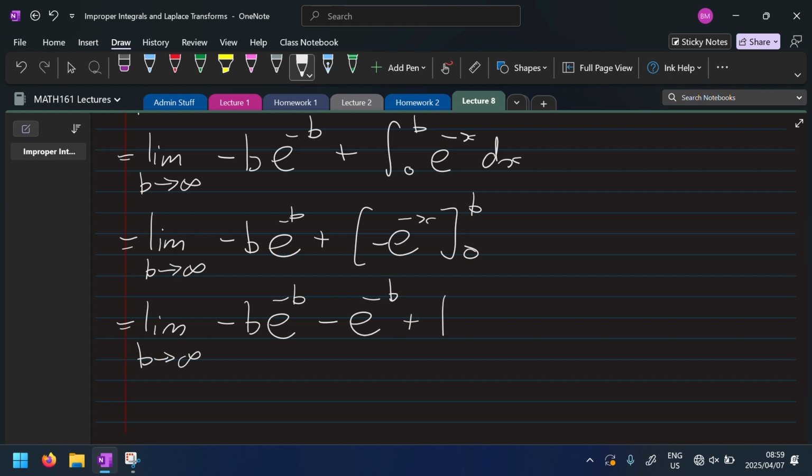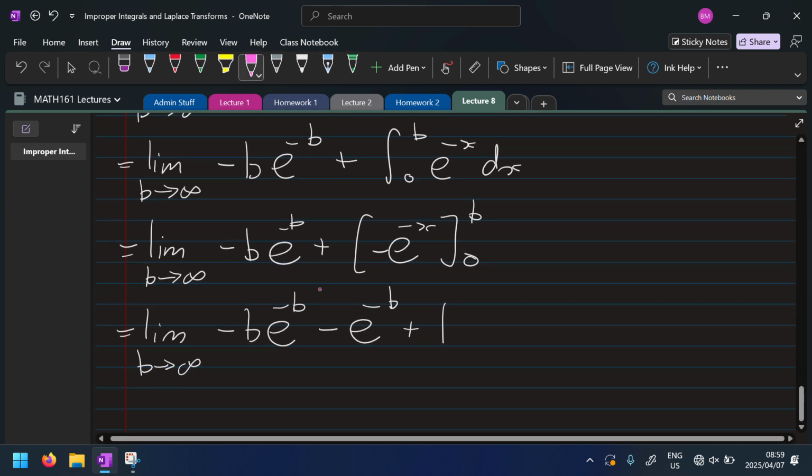Now all the integration is done, and now it becomes a first-year limit problem. So all of the stuff before was integration, from now on, limit question. E to the minus b, when b goes to infinity, that's going to be 0, that's easy. The 1 is unaffected. This first one, that's L'Hopital's rule. So we need to do that on the side.